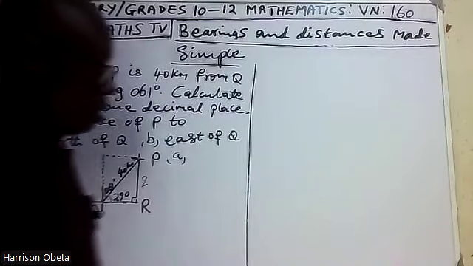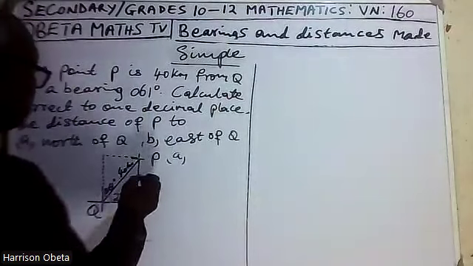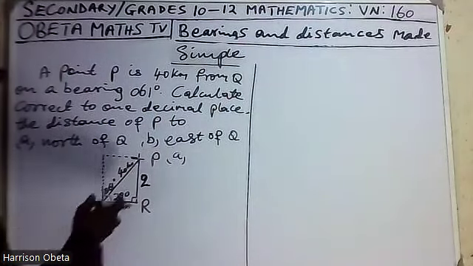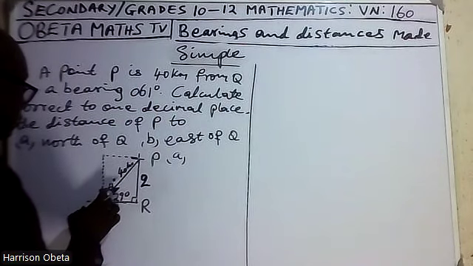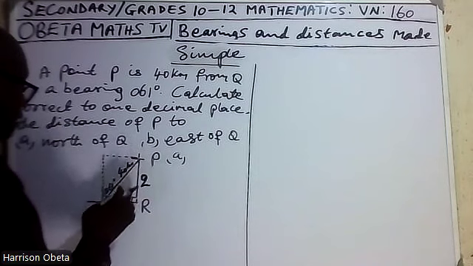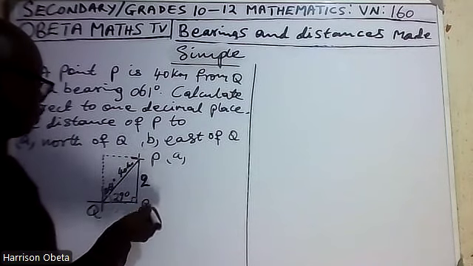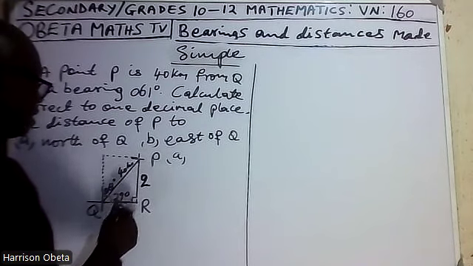Then we move on. Now we know that this is opposite to this angle. And this side, which is the east of Q, which we can call small p, is adjacent.